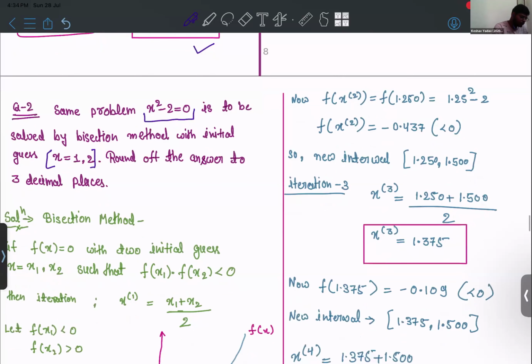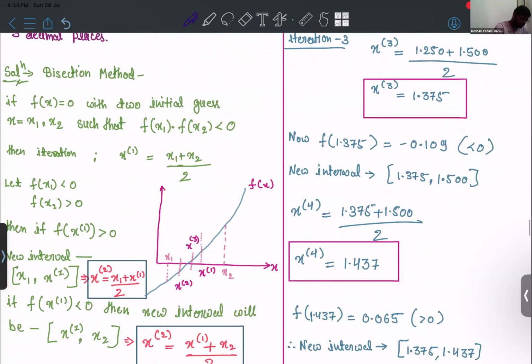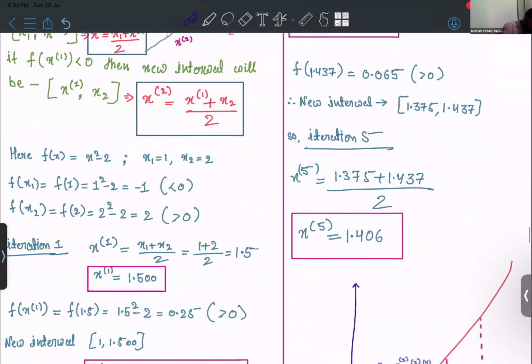In the bisection method, first thing we need to do, if we have some function and some initial guesses, we should find the value of the function at these points. They should come with opposite signs. If one is positive, the other should be negative. If one is negative, the other should be positive. So f at 1 will be equal to -1, f at 2 will be equal to 2. So one is negative, one is positive. So this problem can be solved using the bisection method.